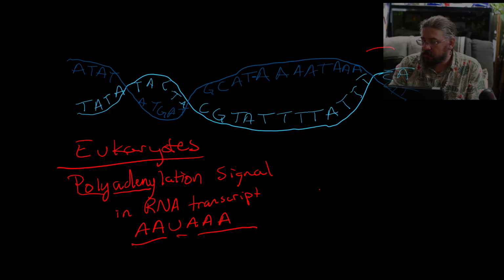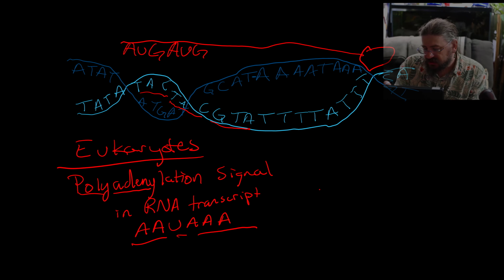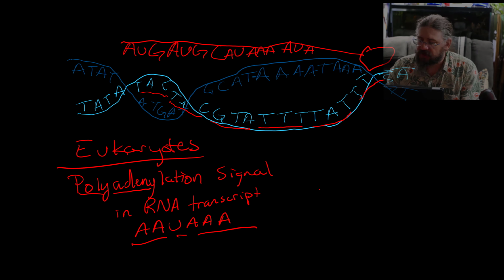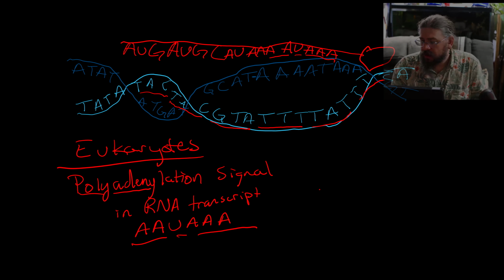Basically, once your polyadenylation signal is produced, so we have our AUG, then we had CAU, then we had AAA, then we had AUA, and then we had AAA, or AAU, AAA, and that's going to be our polyadenylation signal.